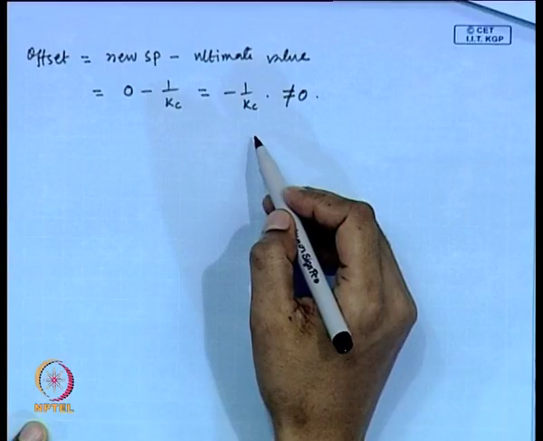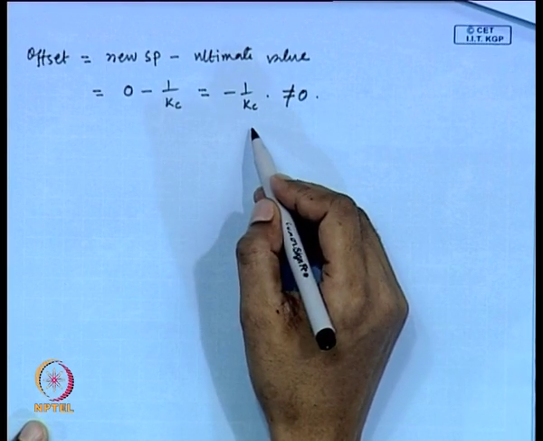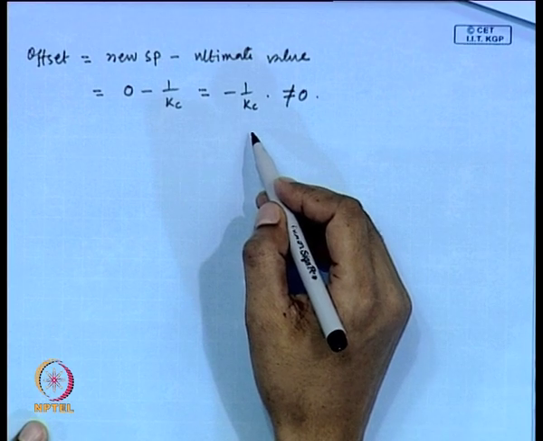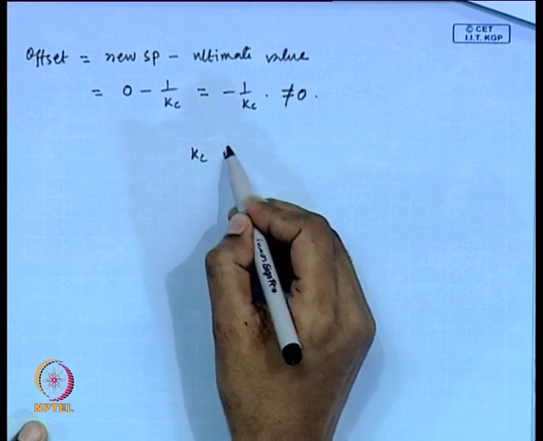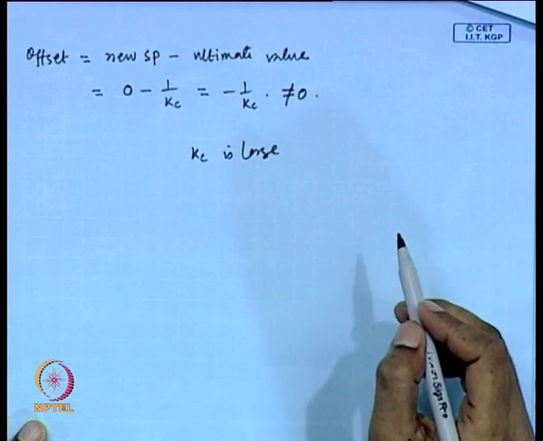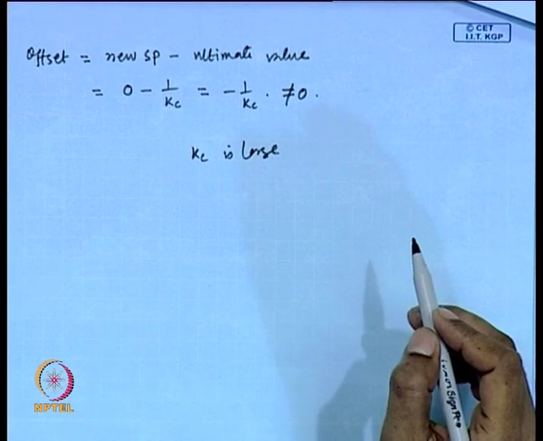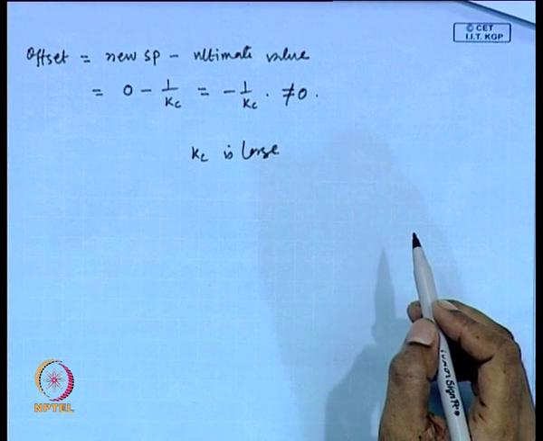Another important thing is that if Kc is quite large, then this offset is acceptable. If Kc is large, then the offset represented by minus 1 by Kc is acceptable.